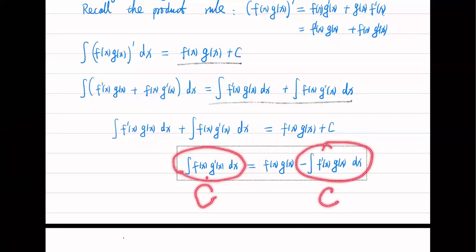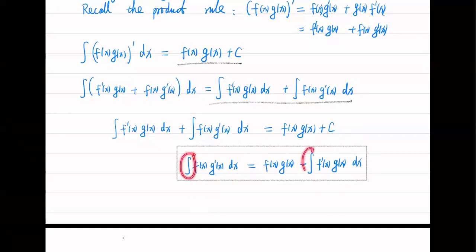Because we have integral signs on both sides, there's no need to write the integral constant until we finish this. After we find this, we may put an integral constant. At the moment, it's not necessary.